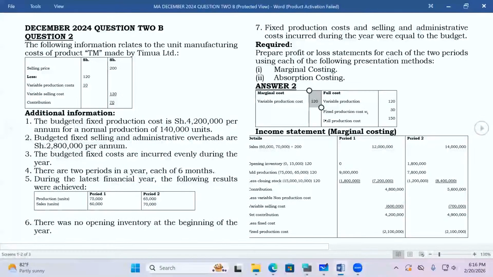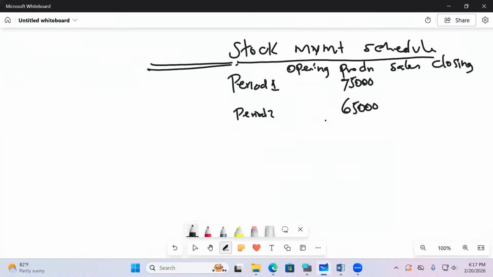Looking at the sales units, period 1 we sold 60,000. How about period 2? 70,000.